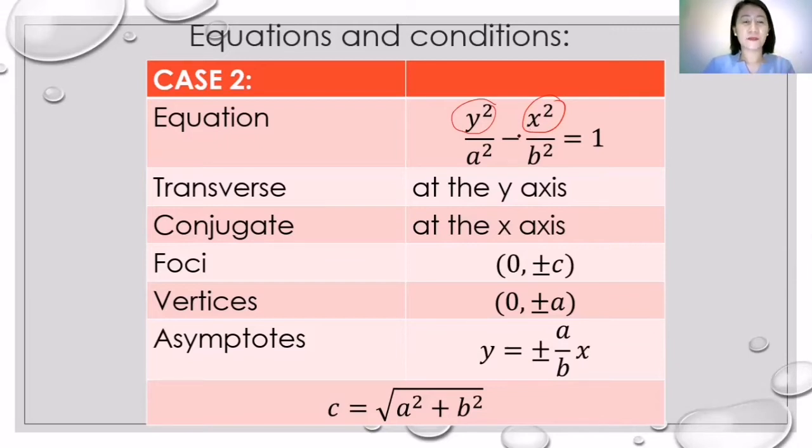The positive term is where our transverse axis lies. So if you have positive y squared, that means your transverse axis is along the y-axis. And the negative term, which is negative x squared, that means your conjugate is at the x-axis.